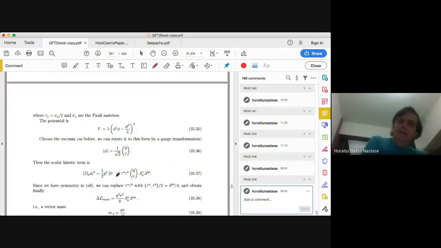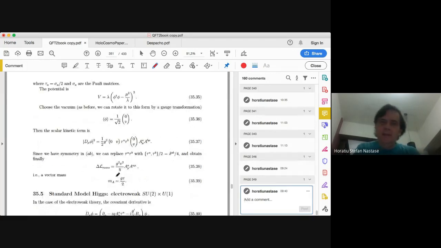Then the scalar kinetic term becomes the modulus squared of D_mu phi in this vacuum. Del_mu of phi is 0. This is constant. And then I have only the quadratic part in the vectors.